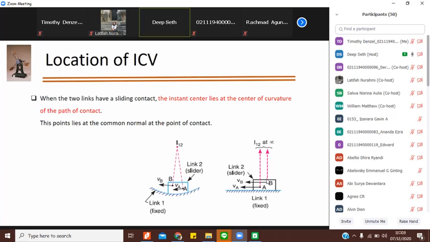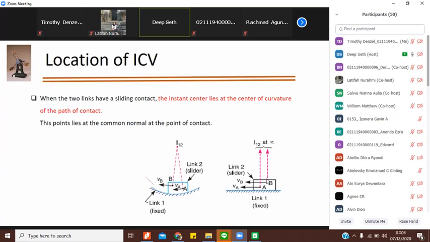So you have another example over here. When two links have a sliding contact, okay, so here you have a slider, and the instantaneous center lies at the center of curvature. For example, let's say you have this curvature, so your instantaneous center will lie at the center of curvature.